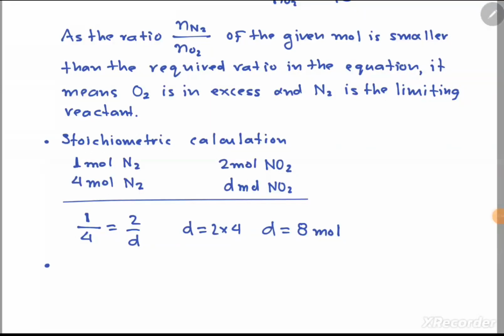But we need the mass of nitrogen dioxide, so we have to convert the 8 moles to grams. So we need Mr of nitrogen dioxide.